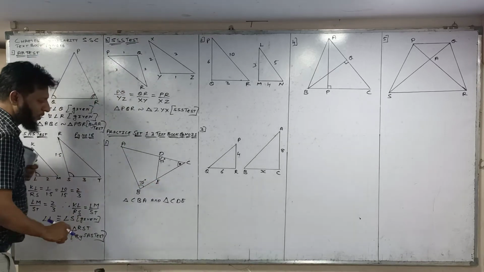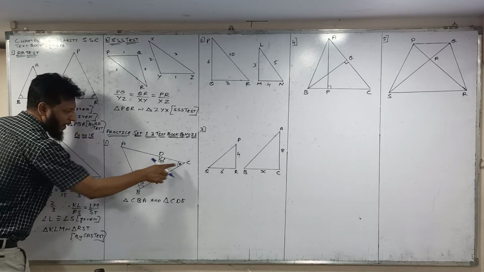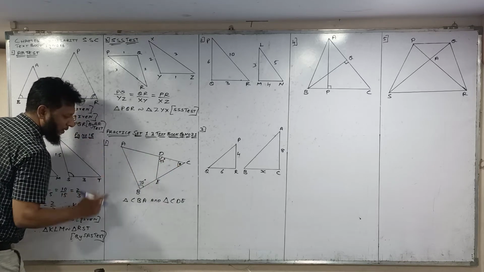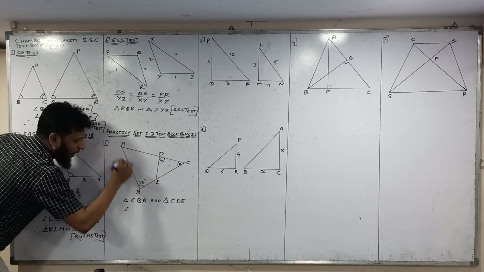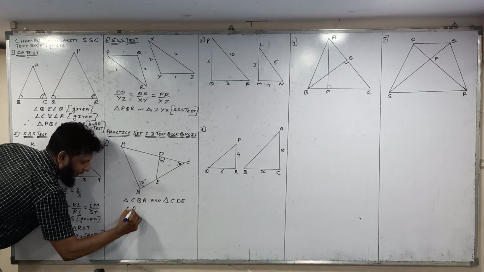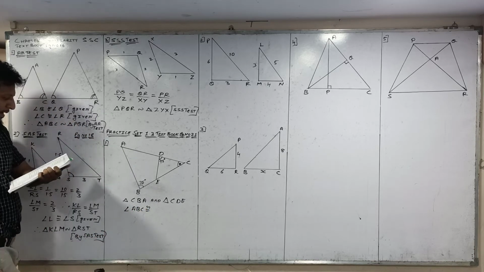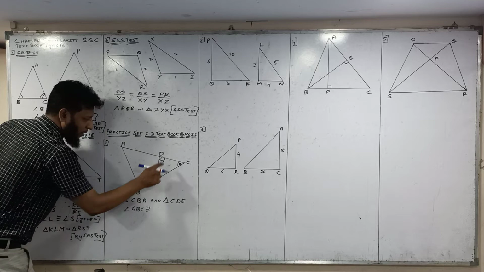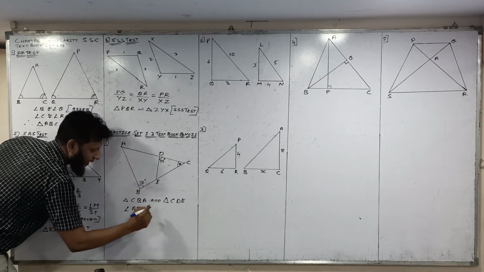Now in this angle, ABC is 75 degrees, and EDC is also 75 degrees.